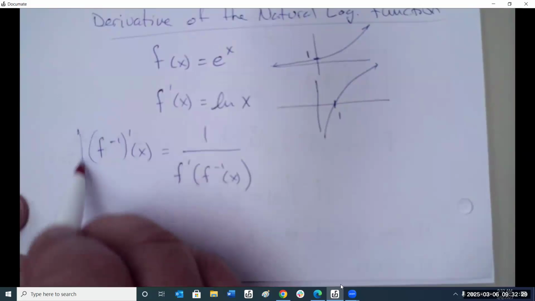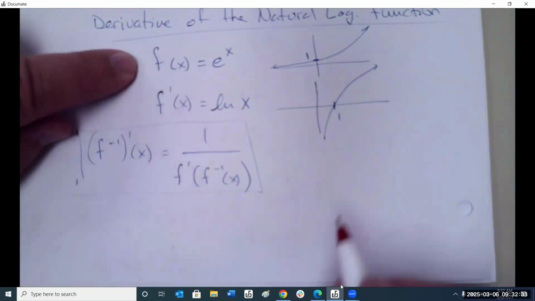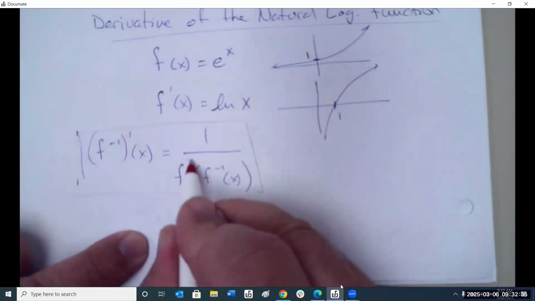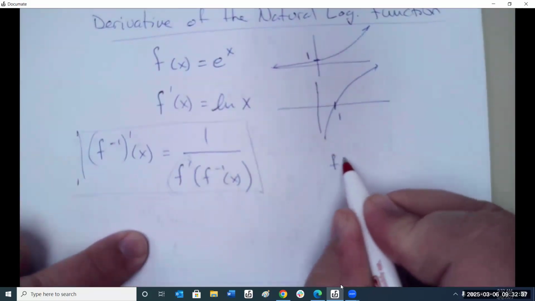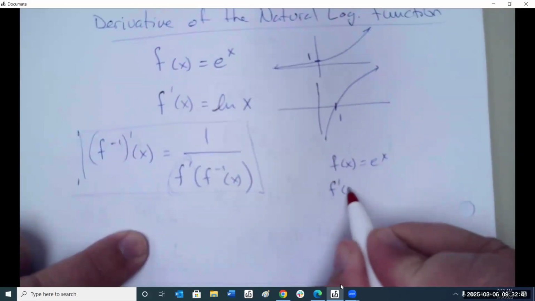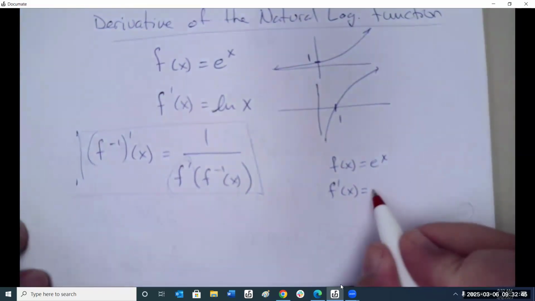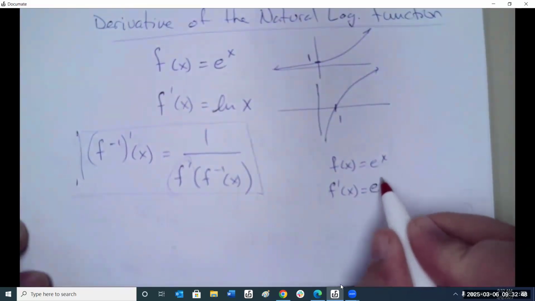So we're going to use this to find the derivative of a natural log. So we start off with, we have to have the f prime. If f of x equals e to the x, what does f prime equal? Nope. E to the x.